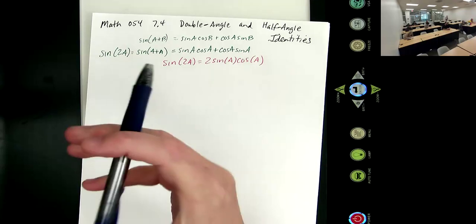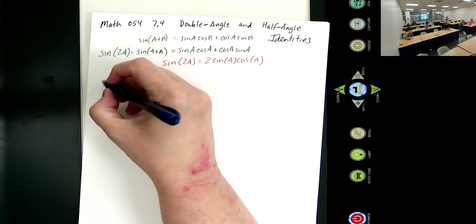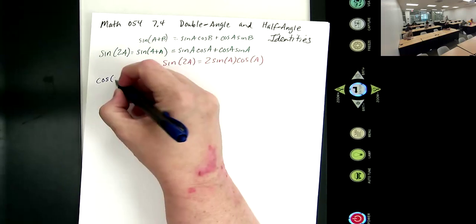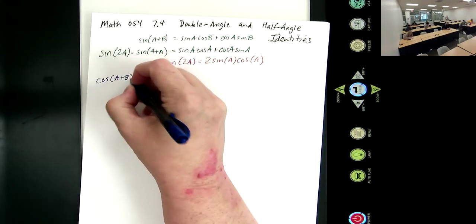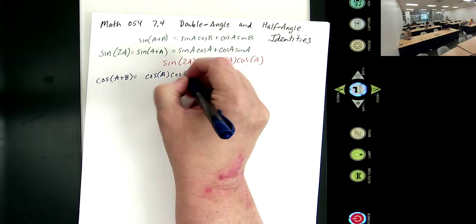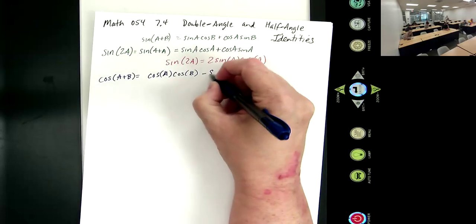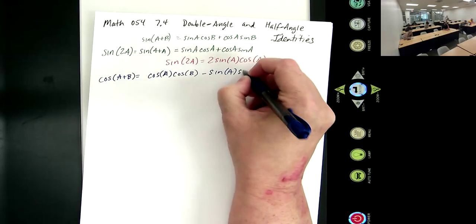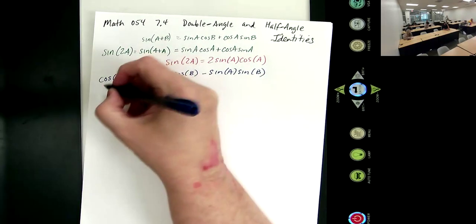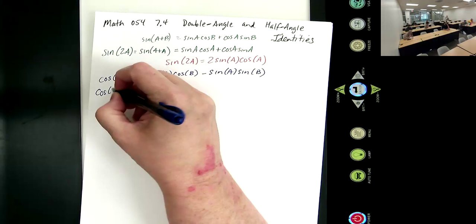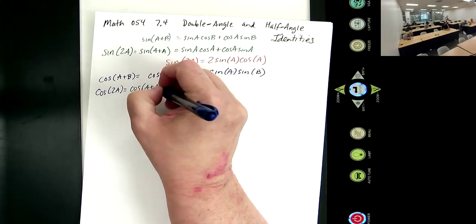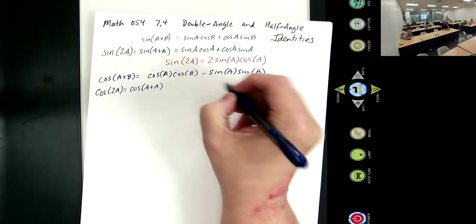Then we'll look at cosine. So we'll do cosine. Let's write what a plus b would normally be. That's gonna be cosine a cosine b minus sine a sine b. When we do cosine of 2a, this is cosine of a plus a, and all of our b's get switched to a's.